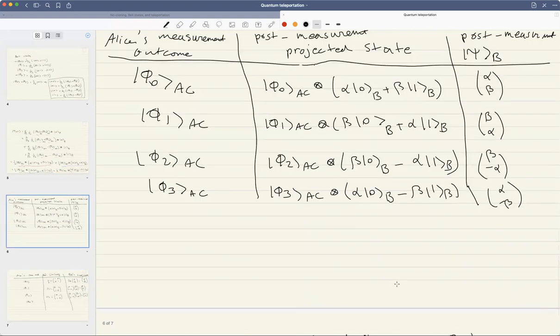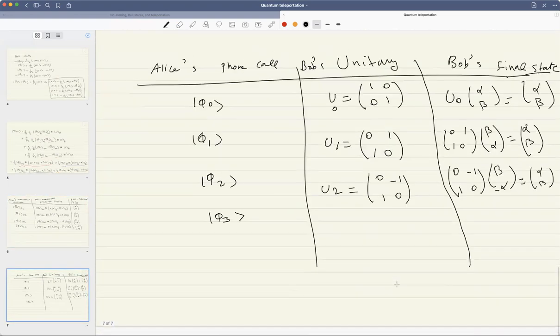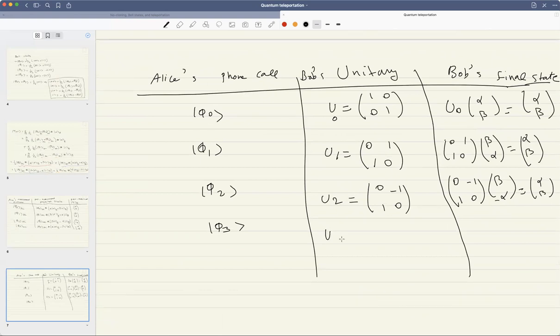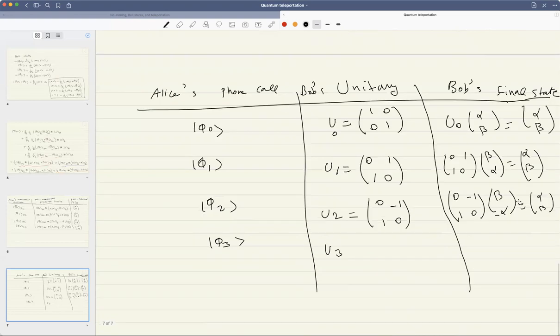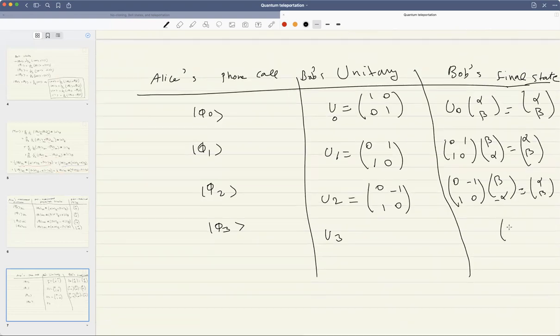And finally, U3, if I want to transform alpha minus beta, I just put 1 and -1 on the diagonal. So 1, 0, 0, -1 changes that to alpha beta.